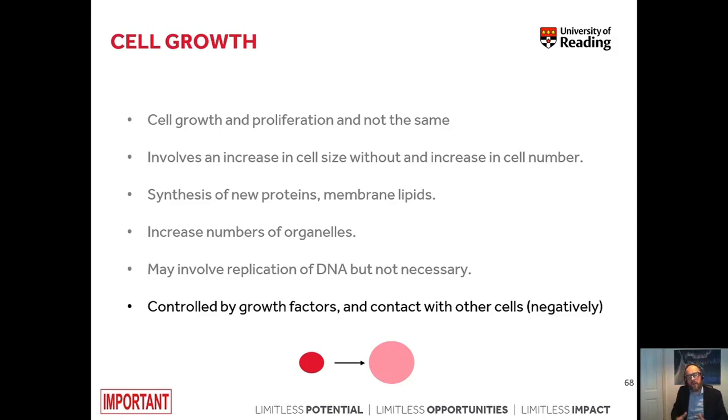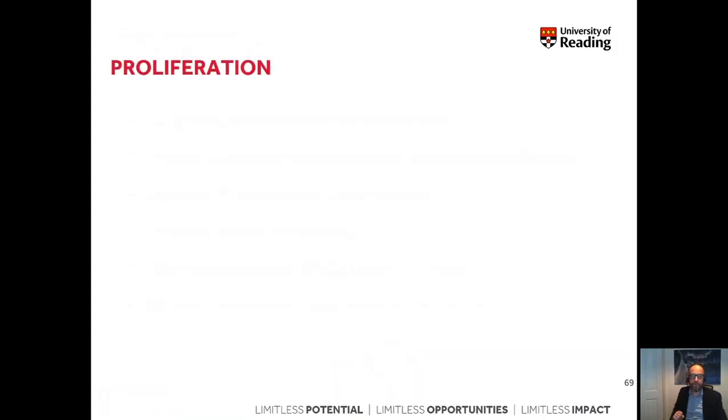Contact of a cell with other cells usually controls cell growth negatively, and this is something you could have seen in the video I showed you before. Not all of the cells were dividing, and those dividing cells actually did have a bit of space in the cell culture dish, allowing them to divide.